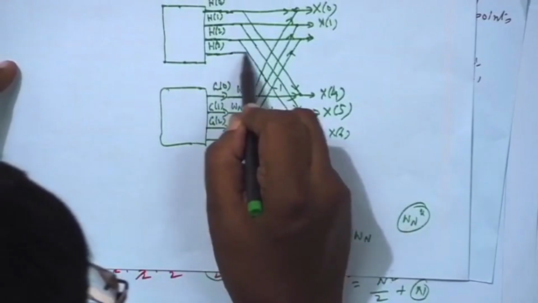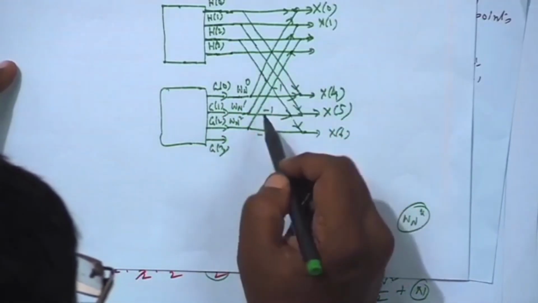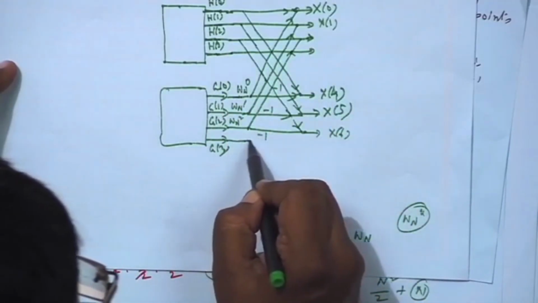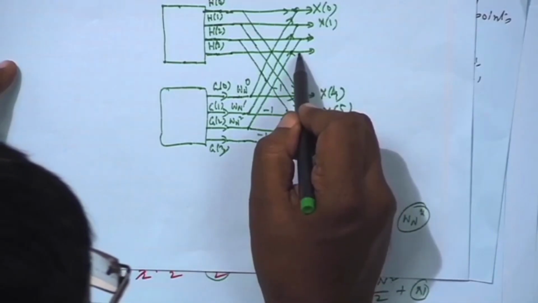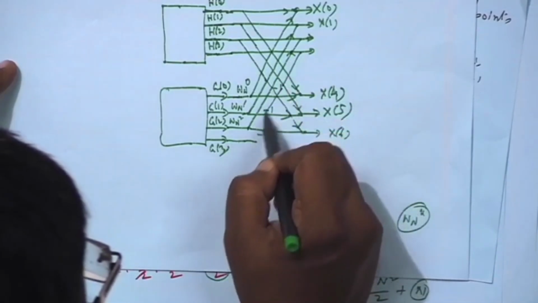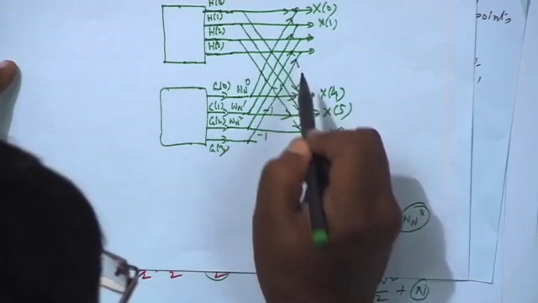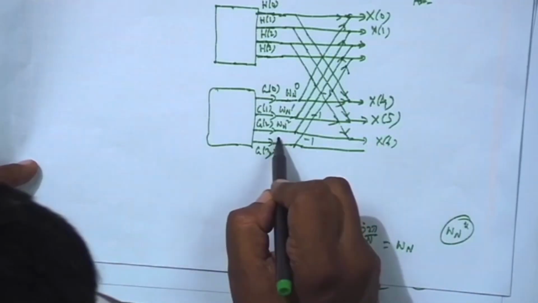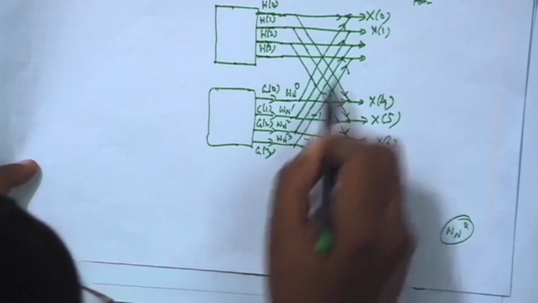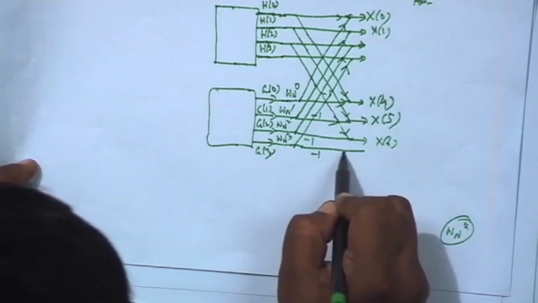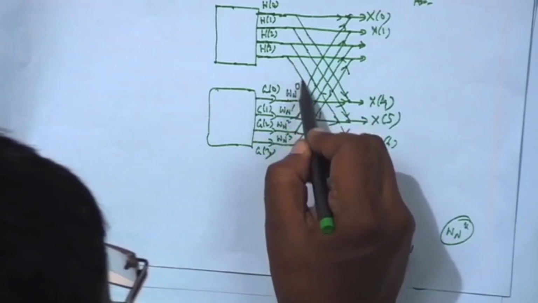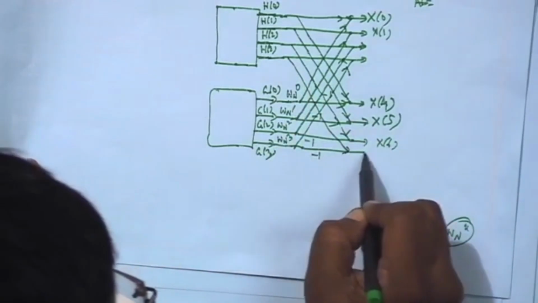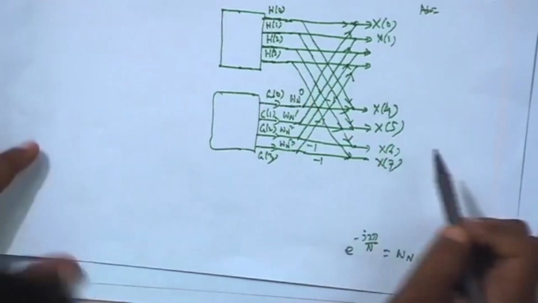And by the same token, lastly, G 3 will be multiplied by W n to the power 3, then added, and in this direction minus, with the same logic, and then added, that will give you X 7.